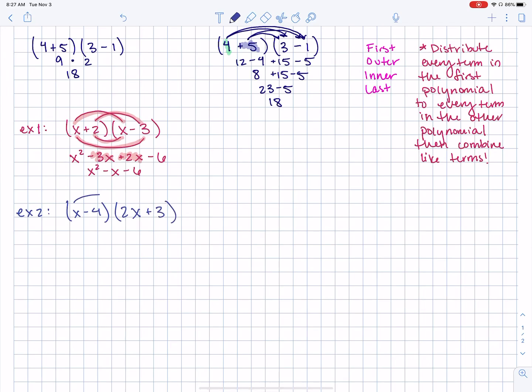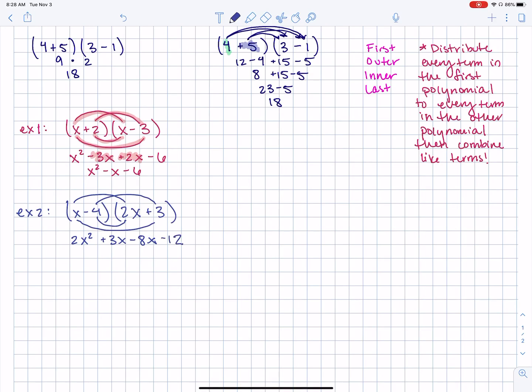So x times 2x is 2x squared. Please remember your exponent rules. And then x times 3 plus 3x, negative 4 times 2x minus 8x, negative 4 times 3 minus 12.